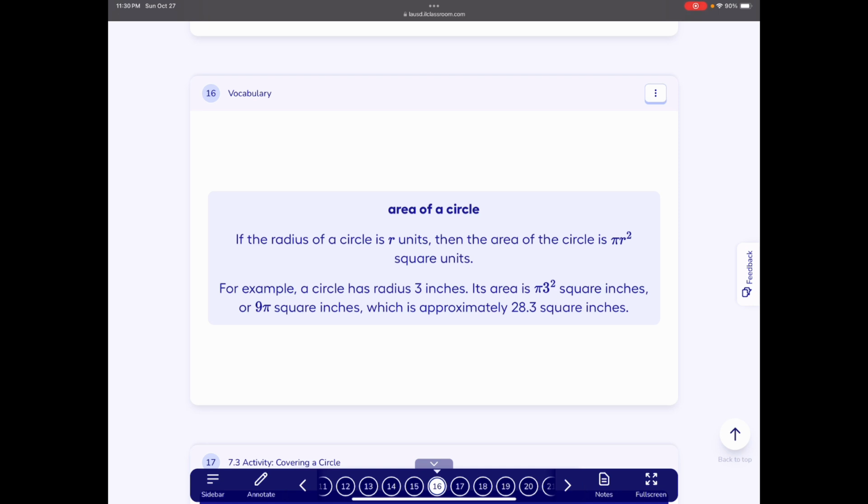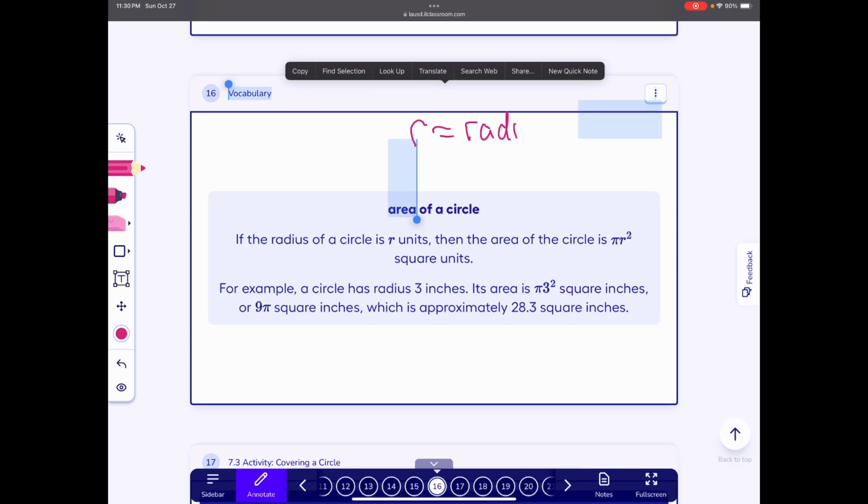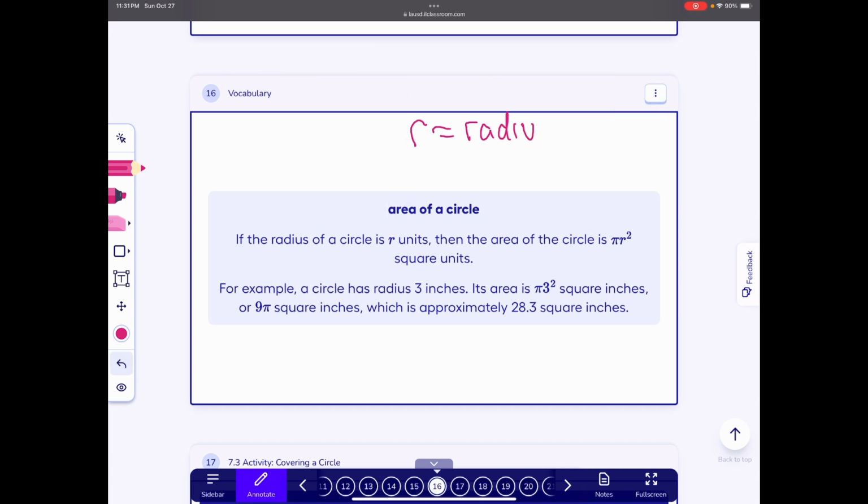But anyway, if the radius of a circle is r units, then the area of the circle is pi r squared units.